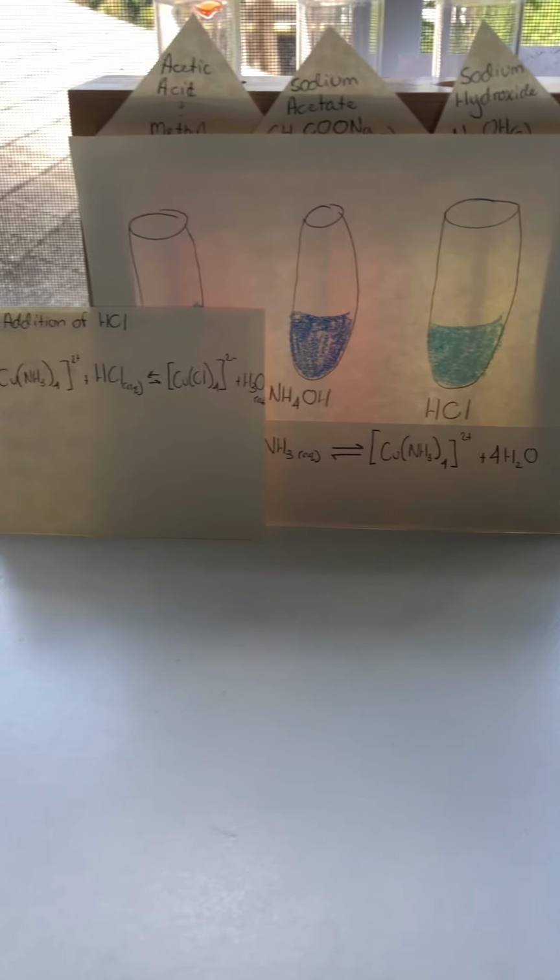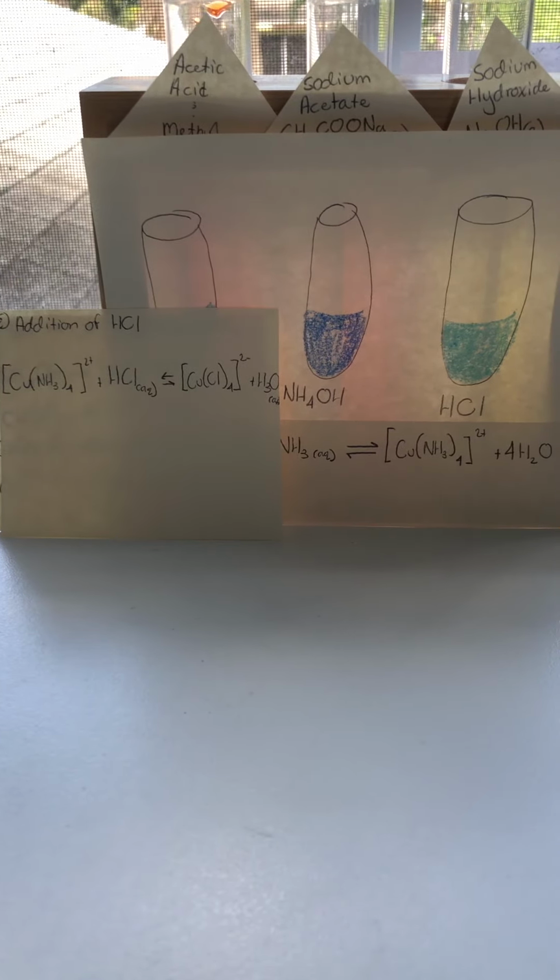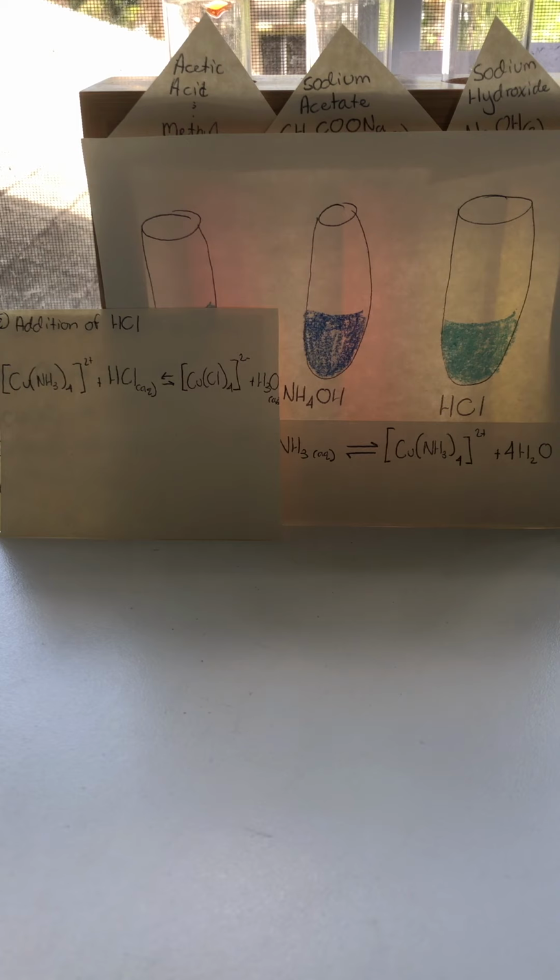And what this would look like is we would see that it would form the copper chloride, and it shifts the equilibrium to the right. So when we see this in a test tube, it's got a turbidity, it's kind of cloudy, and it forms the compound CuCl4 2-, and that's what's causing the equilibrium to shift.